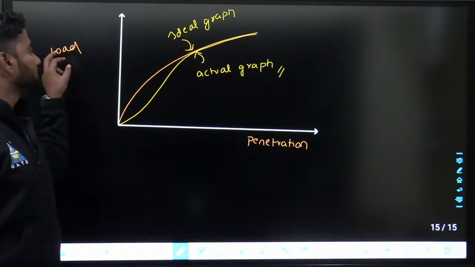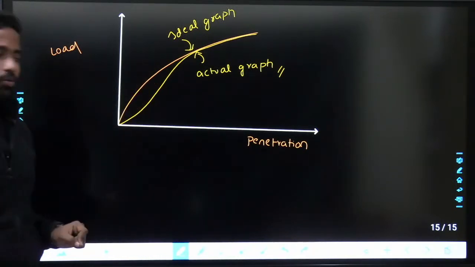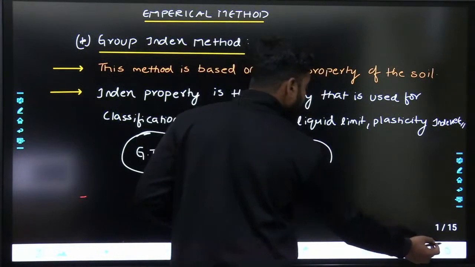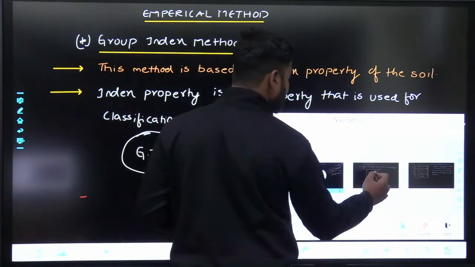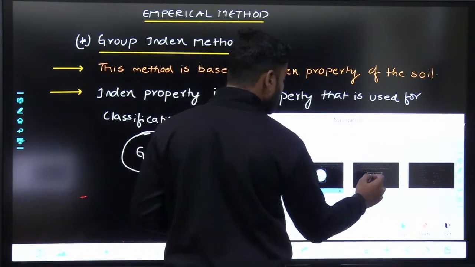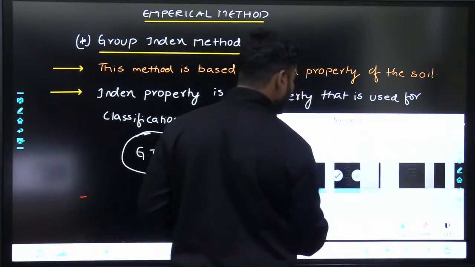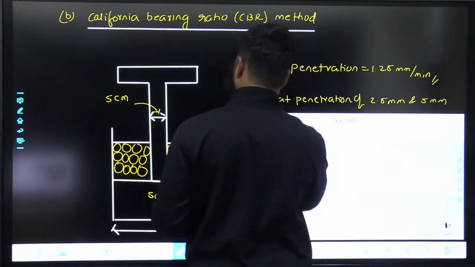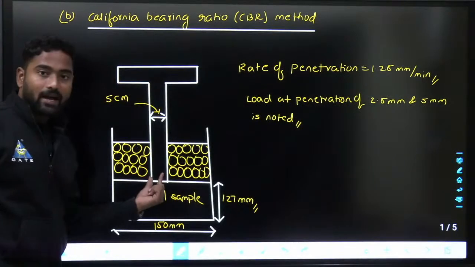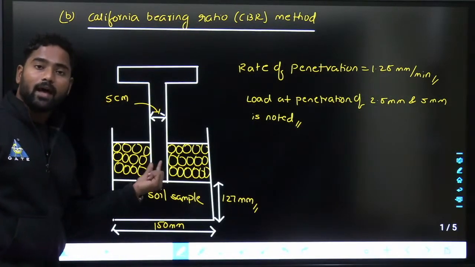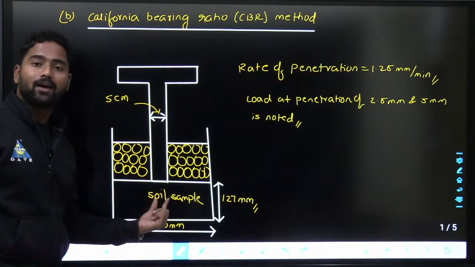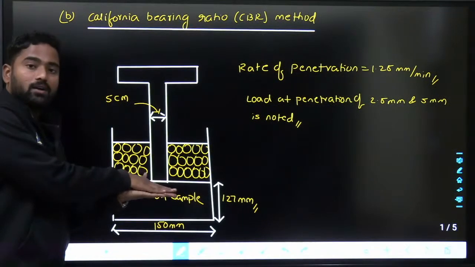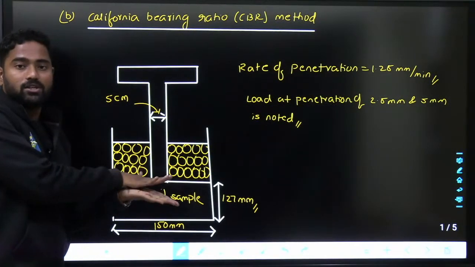So why is there concavity over here? What is the reason for initial concavity? If you see the contact between the soil and the plunger, it will not generally be perfectly smooth or straight. So there will be some unevenness initially, right?